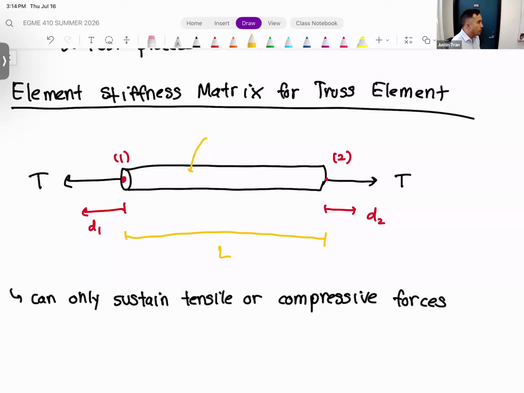We also know some information about the material. We're typically given the Young's modulus for the truss bar.